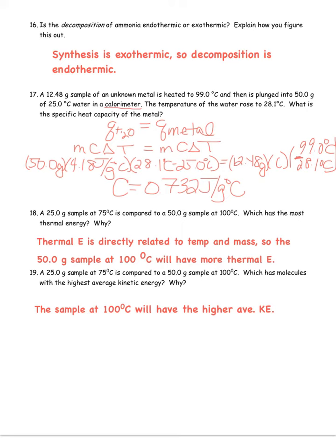And for number 19, when they're asking about the highest average kinetic energy, this is definitely just going to look at your temperatures, regardless of the size. Even if I had 1,000 grams at 75 degrees Celsius, the sample at 100 degrees Celsius will have the higher average kinetic energy. The why is simply because highest average kinetic energy is the temperature of the sample.